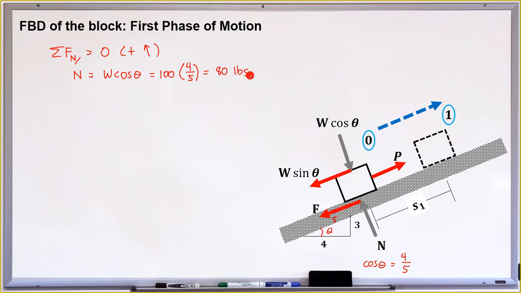Okay, so mao na siya ang value sa atong normal force. So next is ang iya frictional force. Therefore, the frictional force is equal to mu k times the normal force, so that is 0.2 times 80, so that is 16. So we have 16 pounds.